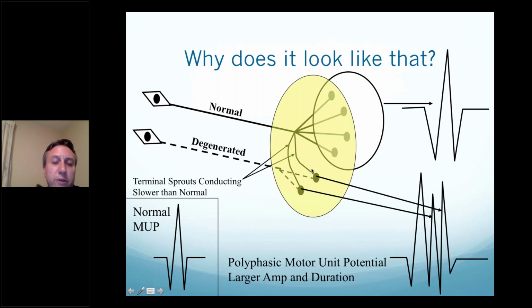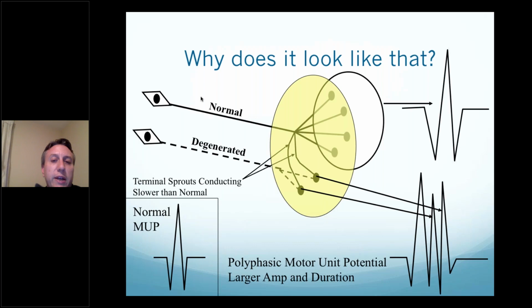But then when this axon takes on these 2 muscle fibers that were previously connected to a dying axon, it's got to grow connections. It's got to grow sprouts, and this is called collateral sprouting. That's a little bit more advanced, but this is where the healthy axon is sending off branches that will resupply the dying muscle fibers.